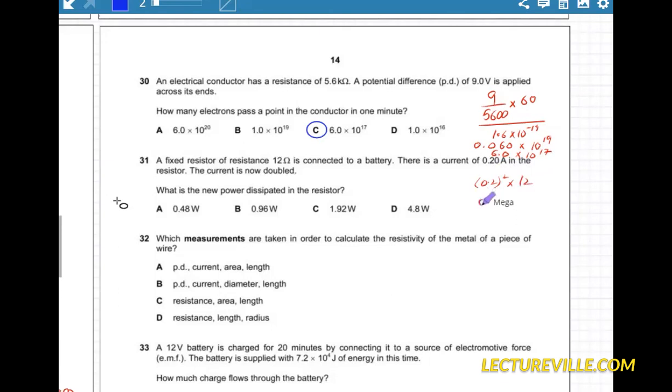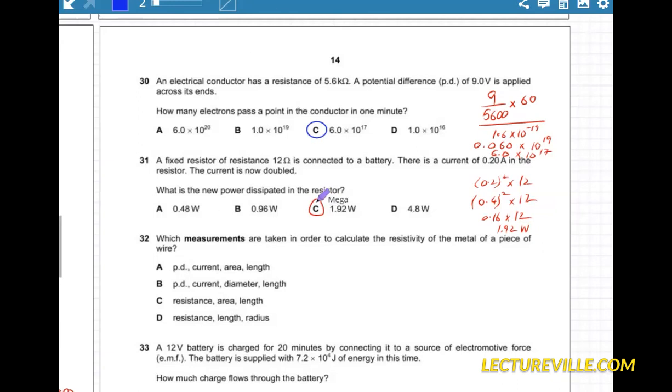So when it is doubled, it will become 0.4 square into 12. So 0.16 multiplied by 12. 16 into 12 is 192, 1.92 watts. So it will be C.